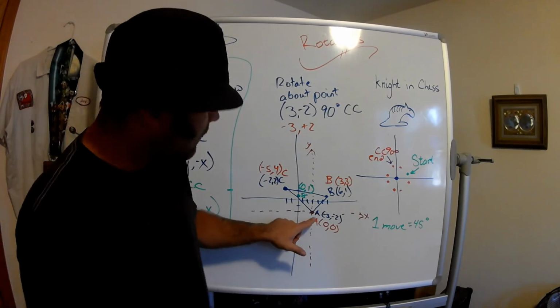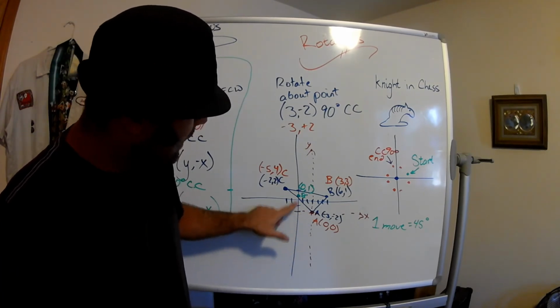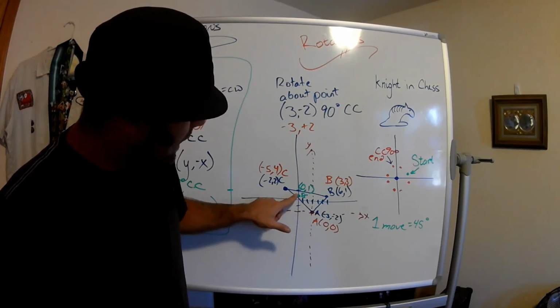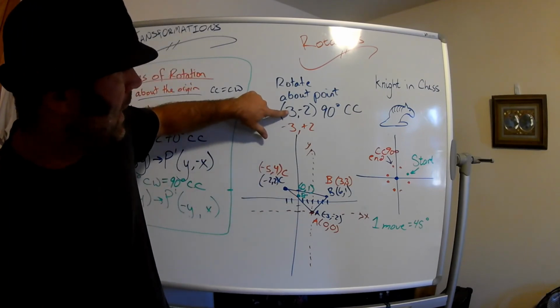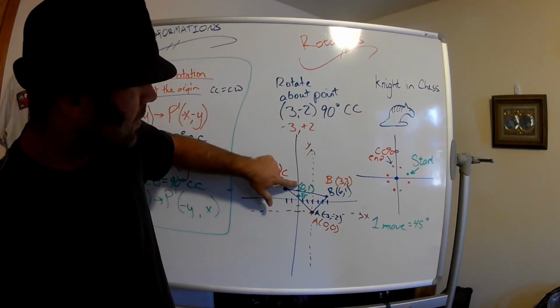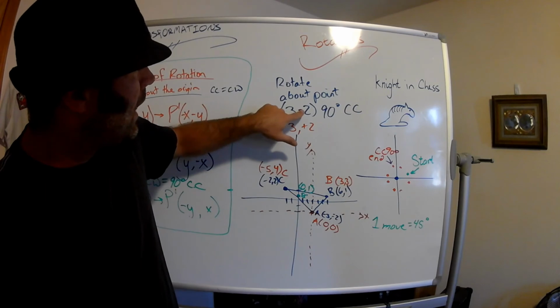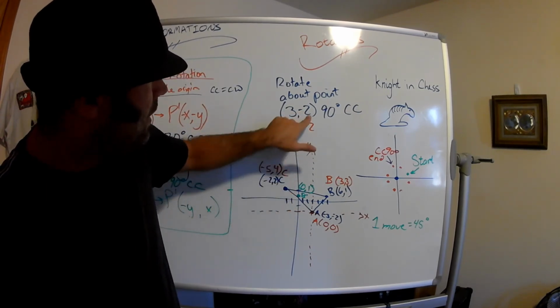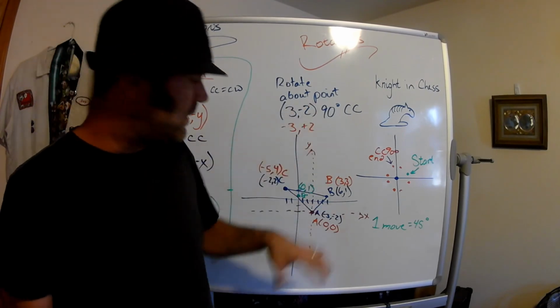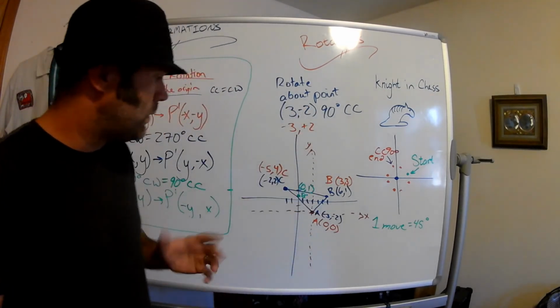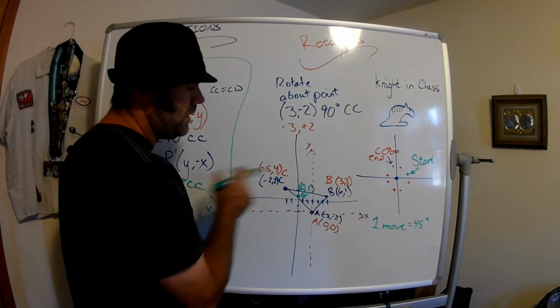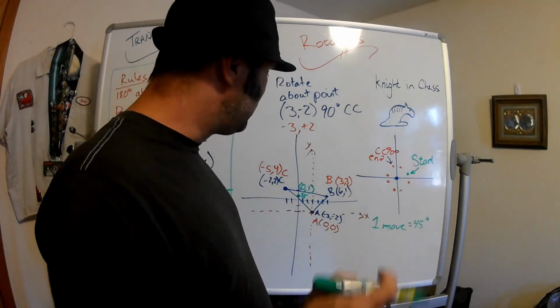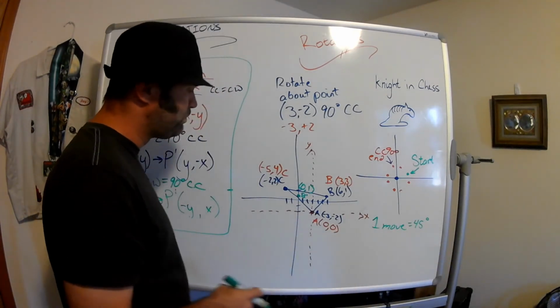If we wanted to count it, it's left 3, up 3. So it will be (-3, 3). And then we'd add 3 to negative 3 to get 0, and we would subtract 2 from 3 to get 1. So we get (0, 1). But we don't have to do that. In our picture, we already know the end answer is (0, 1) for B prime.